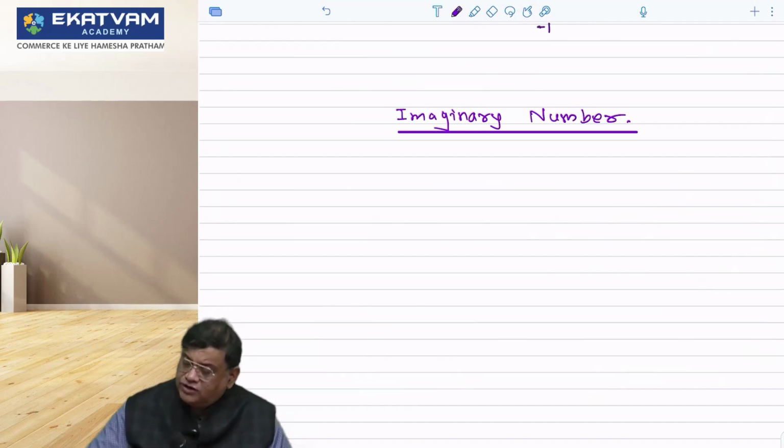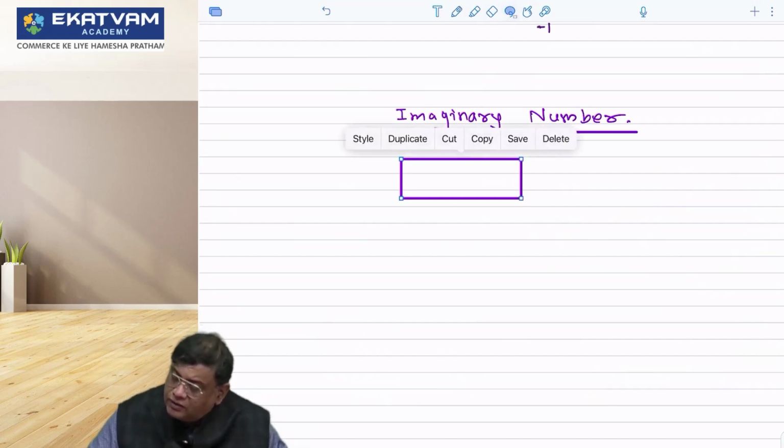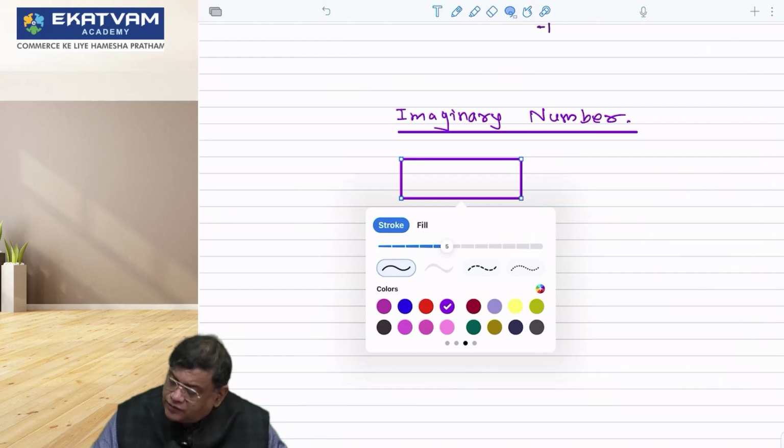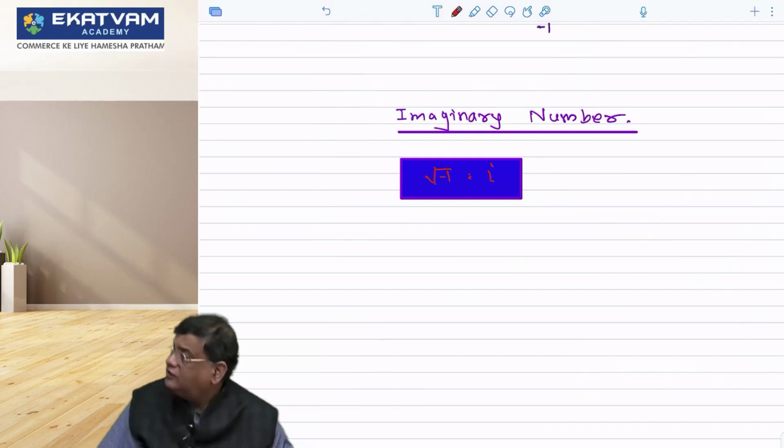And basically, what is the definition of imaginary number? The very basic definition of imaginary number is the square root of -1. Square root of -1 is i. That is the very basic.